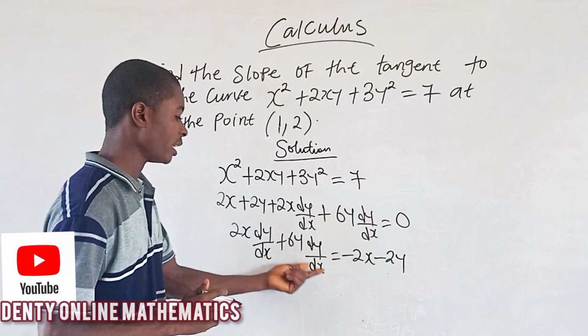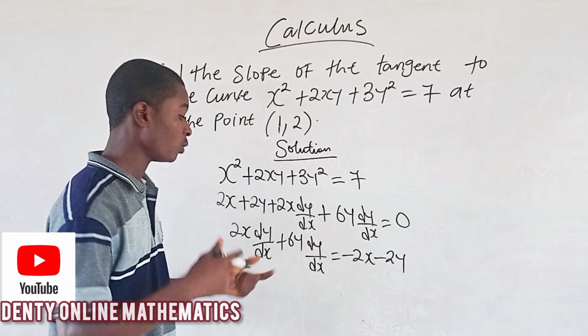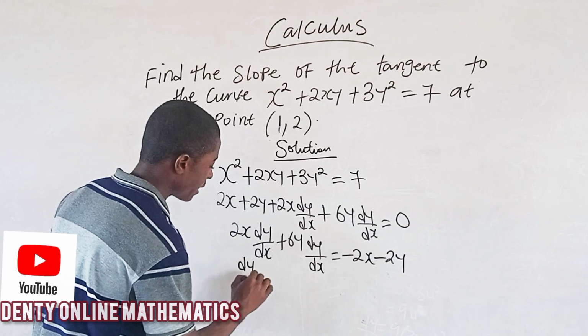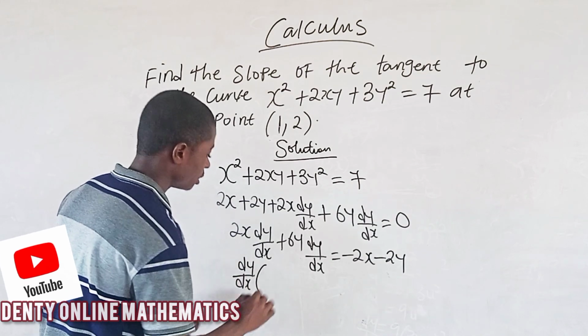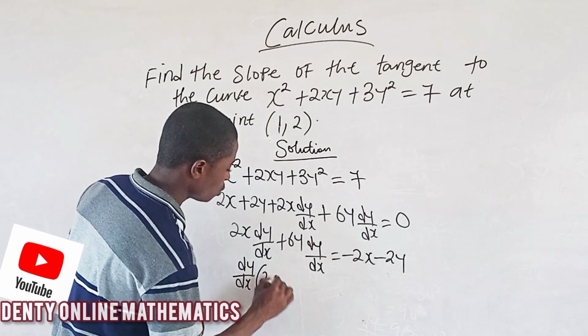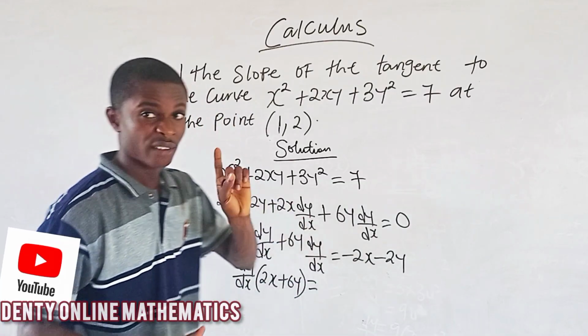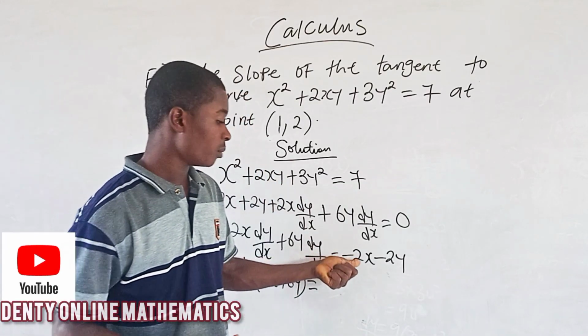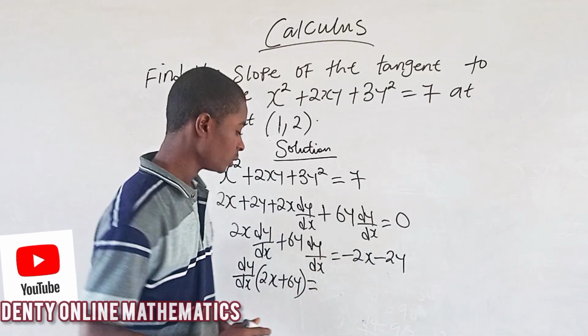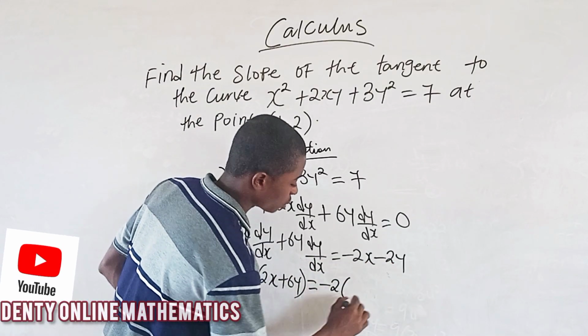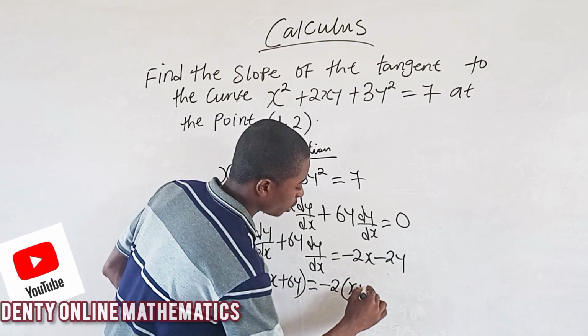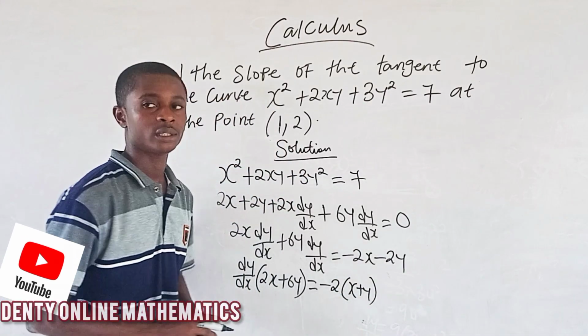Now, you can see we have dy dx common here, so we can factor dy dx out. So our dy over dx, that will give us 2x plus 6y to be equal to. If we observe here also, you can see 2 is common. So if I'm taking minus 2 out, what will be left is x plus y.